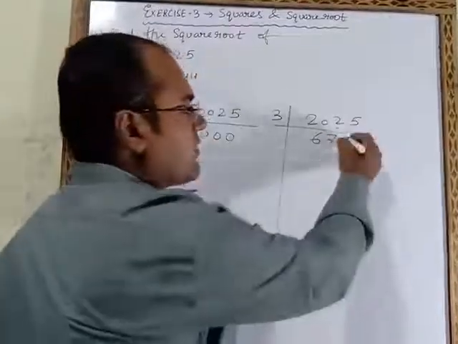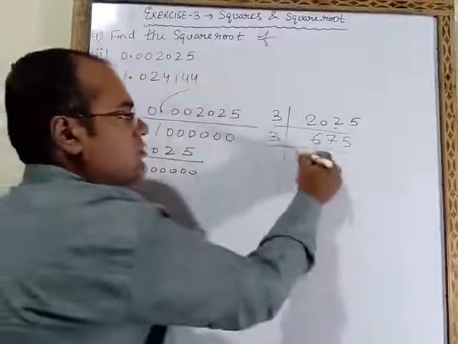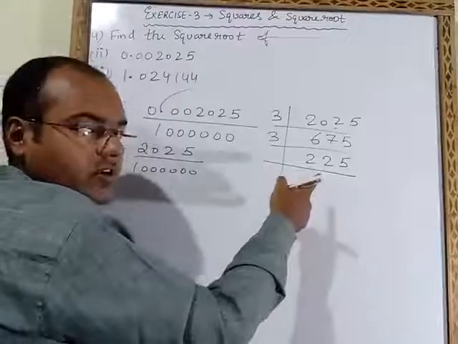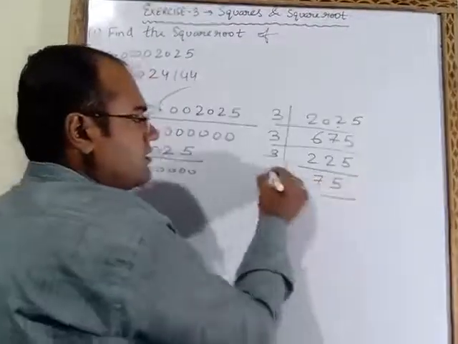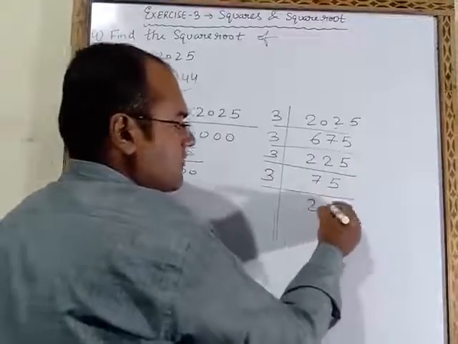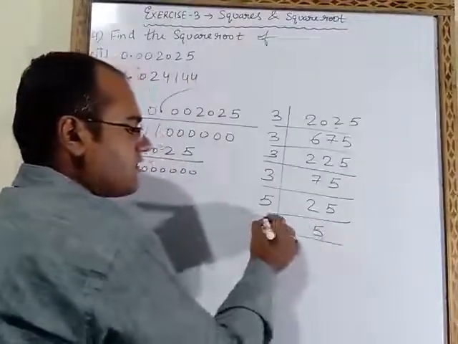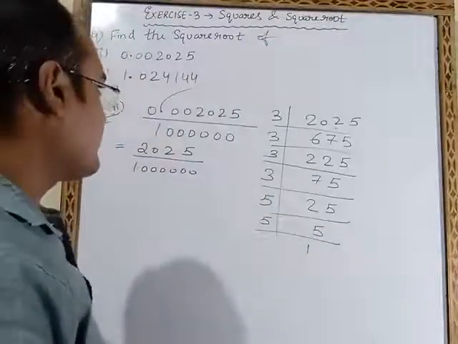Remainder 1. 1 and 5 will be 15. 3 fives are 15. Again we will divide it with 3. 3 twos are 6. 3 fives are 15. Again we will divide it with 3. Now we will divide it with 5. 5 fives are 25. Then 5 ones are 5. So we have found the prime factor of 2025.